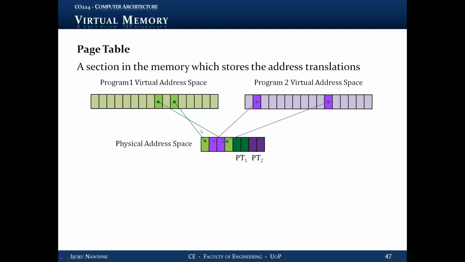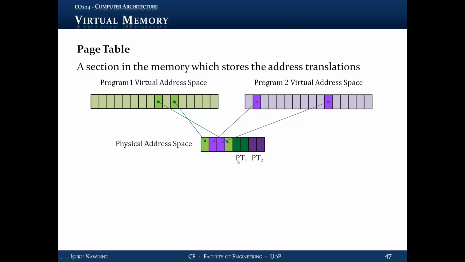Virtual to physical translations. So those translations are stored in page tables. A page table is simply a list of address translations. So page tables are also stored in the memory. So you can see a section in the memory is allocated to the page table.